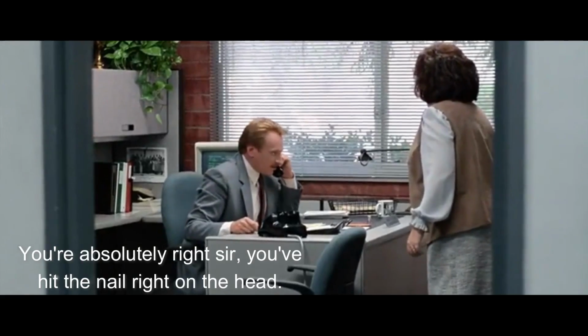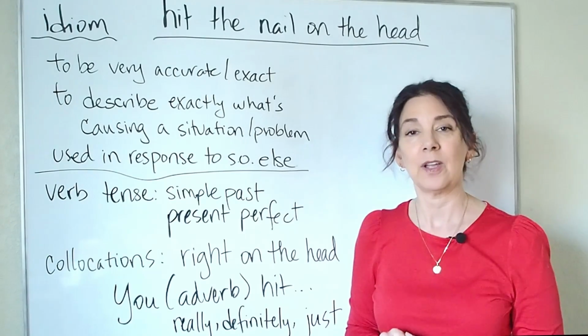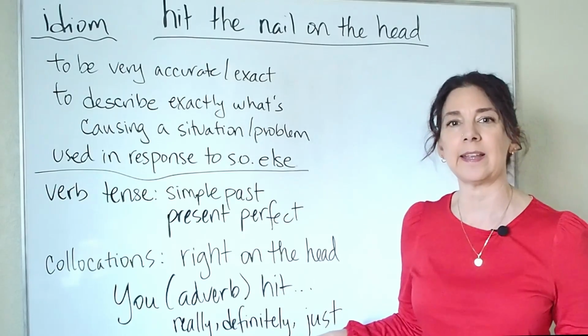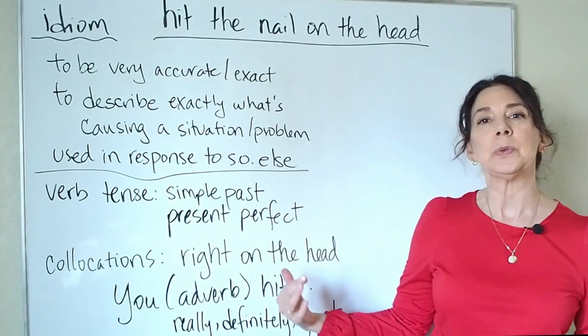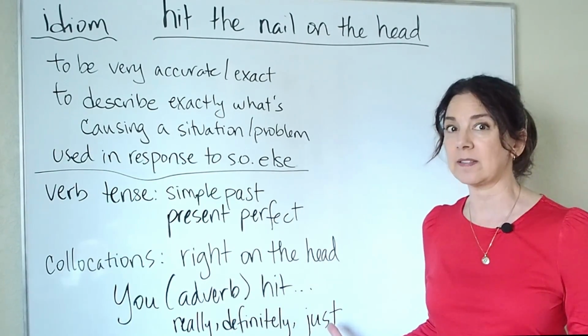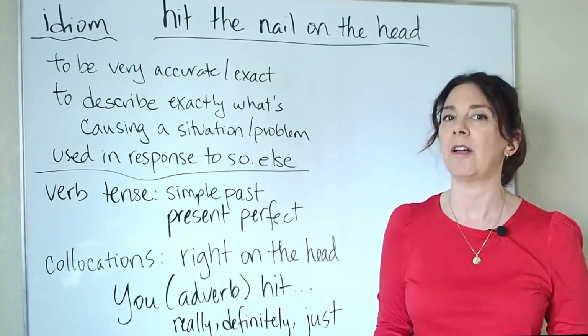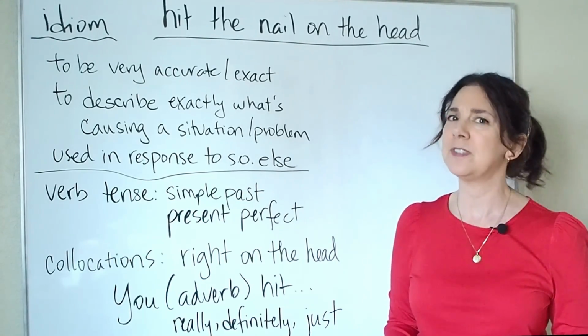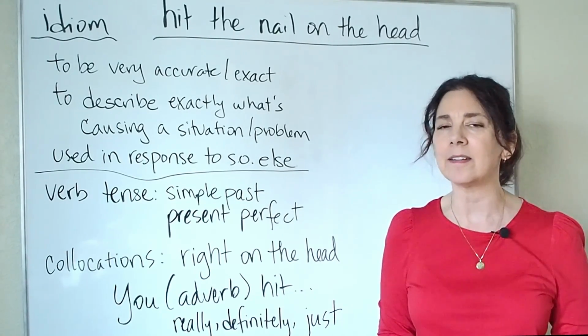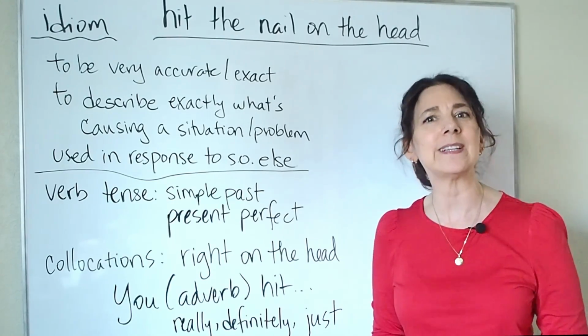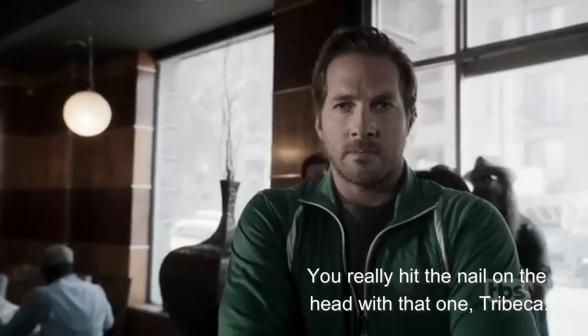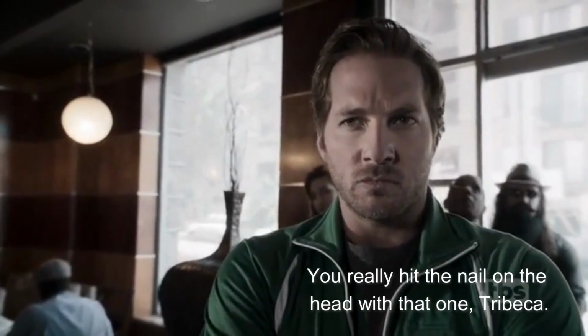You're absolutely right, sir. You've hit the nail right on the head. Or you can use an adverb like definitely, really, or just. You just hit the nail on the head. Or you've definitely hit the nail on the head. Or wow, you really hit the nail on the head. You really hit the nail on the head with that one, Tribeca.